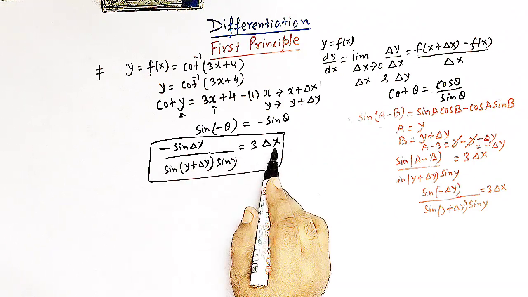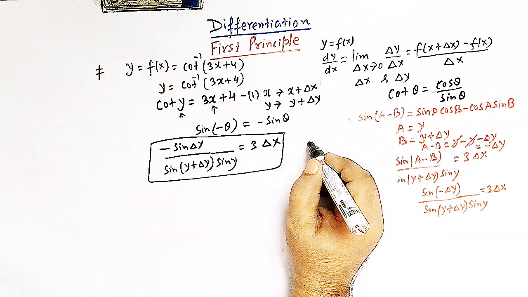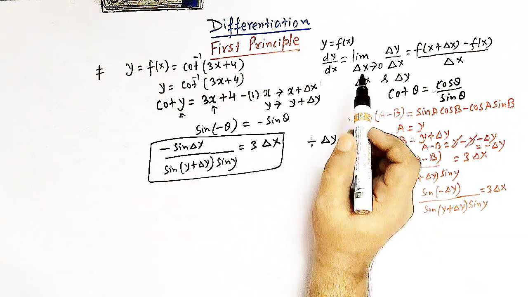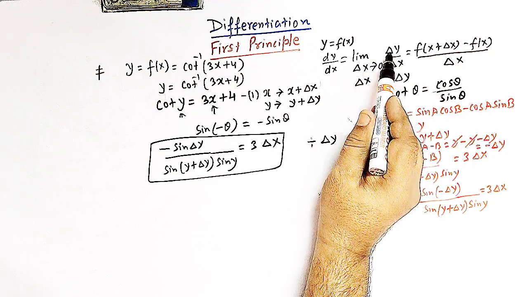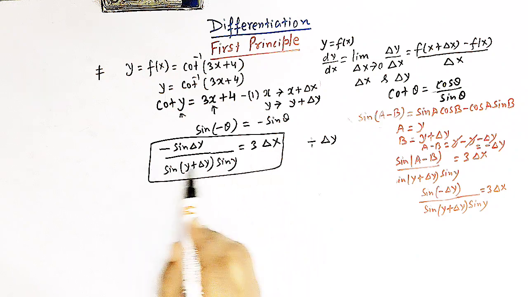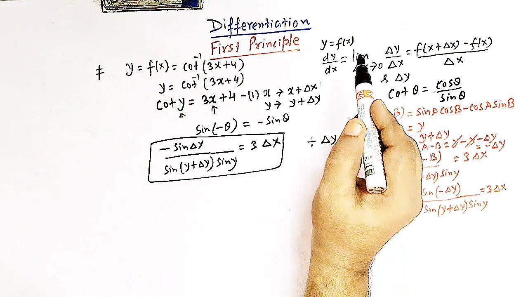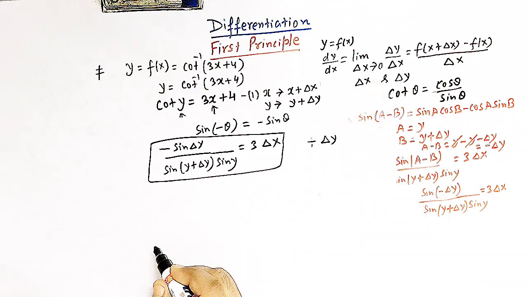Okay, so now we have reached this important result. Now what we will do, we'll divide both sides by delta y, right? Because dy over dx is equal to limit delta x tends to 0 delta y over delta x. So let us divide both sides by delta y, and then we'll take the limit, that is delta x tends to 0.